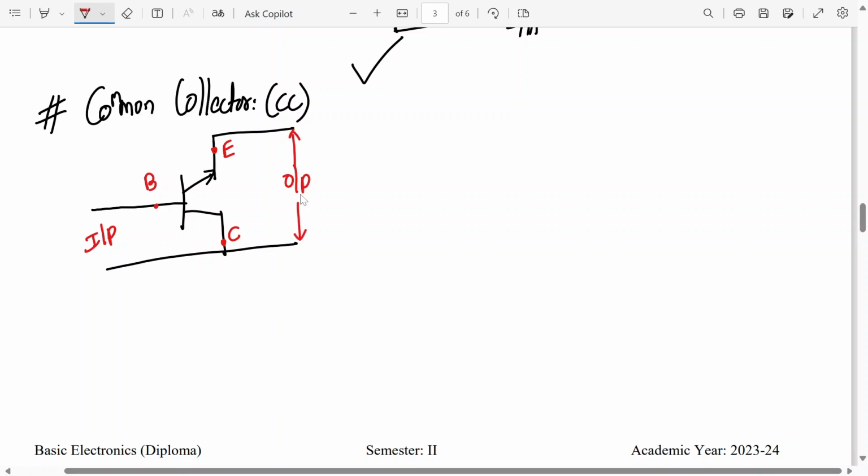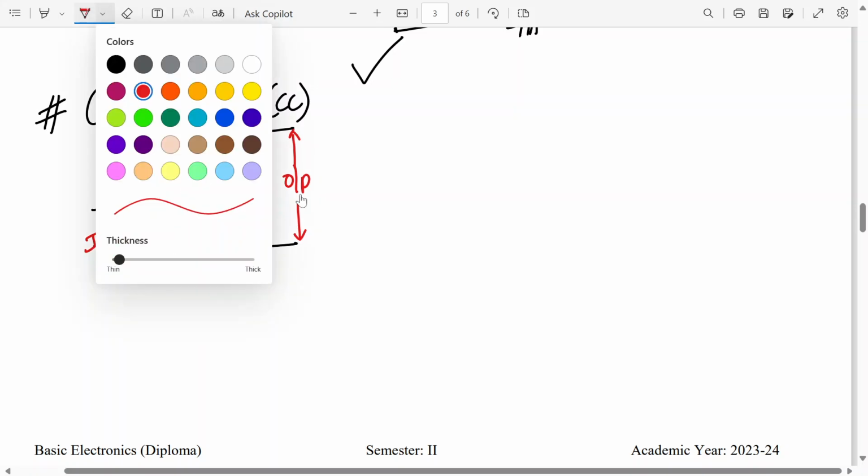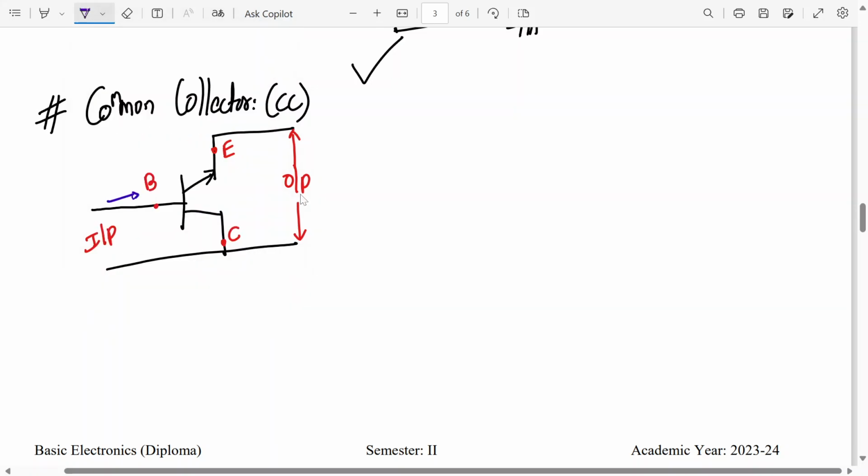Okay, now quickly tell me which is my input current and output current over here. IB is my input current obviously, and what is my input voltage? VBC. Yes, VBC. Which output current will come here? IE and IB, which one? IE will be my output current, and what will be my voltage?